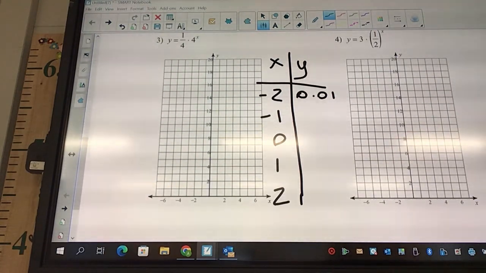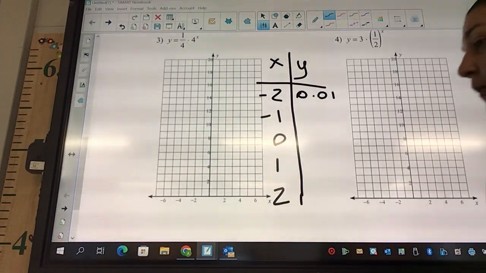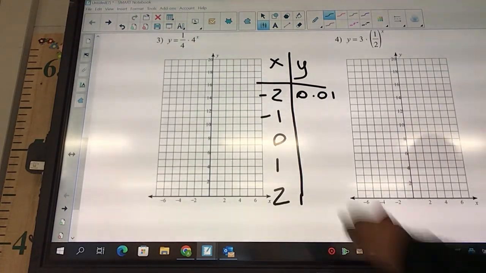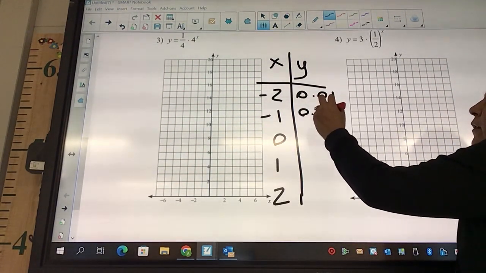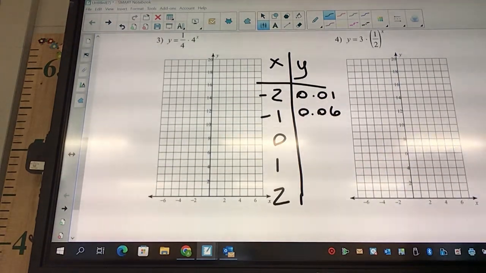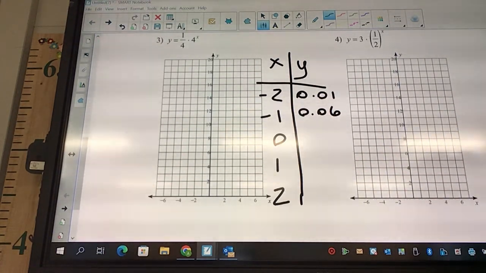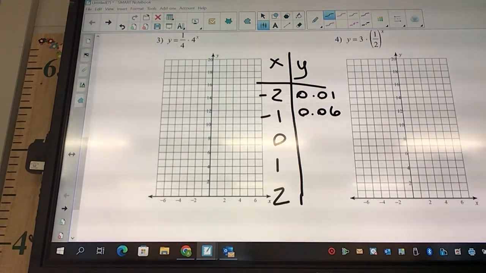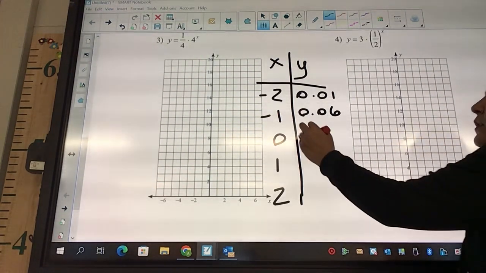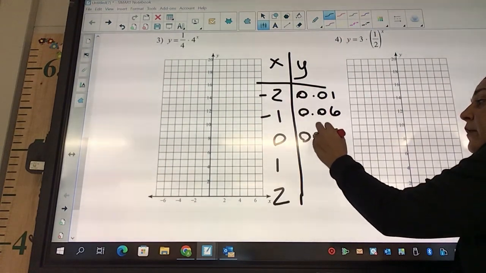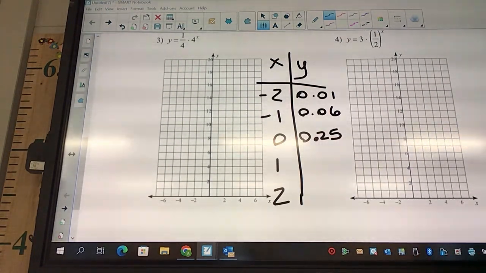Okay, what about for -1? 0.0 what? 6? What about for 0? 0.25? Okay. 1?